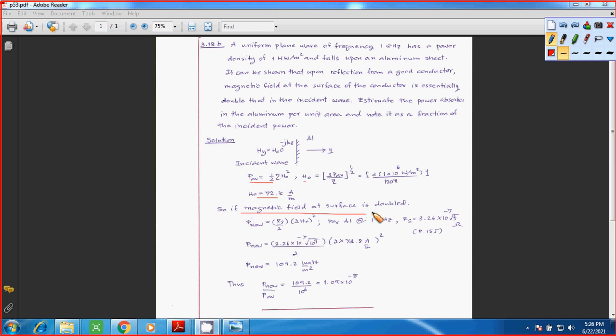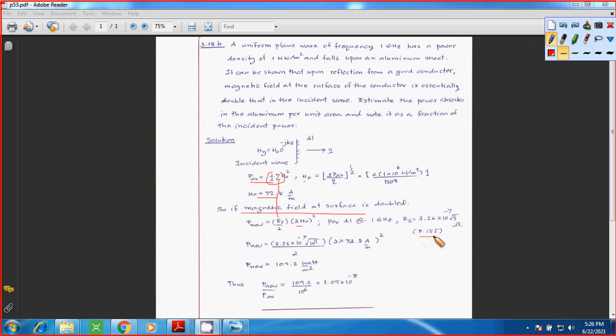Now they say that if the magnetic field at the surface is double, so you just plug in, instead of using H0, you use 2H0 and multiply by R_S. See the similarity. This eta has the unit of ohms, and R_S is the surface resistance of the aluminum.